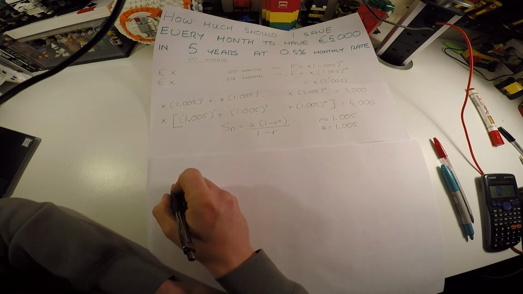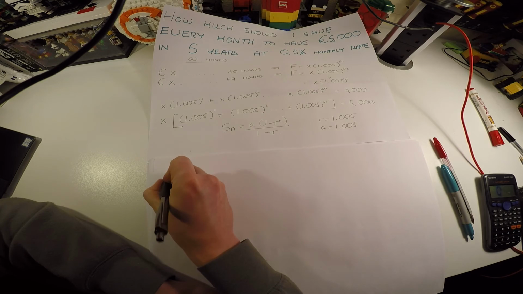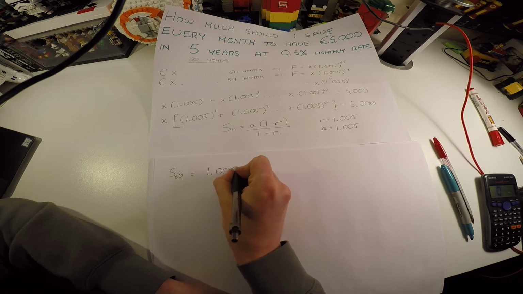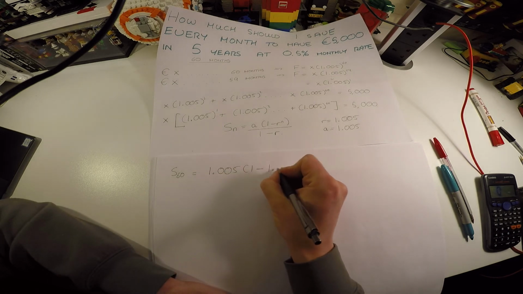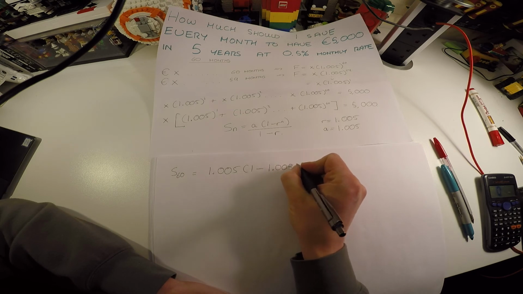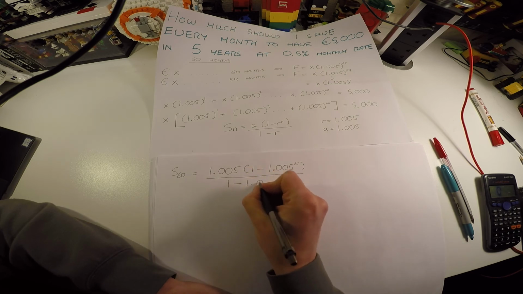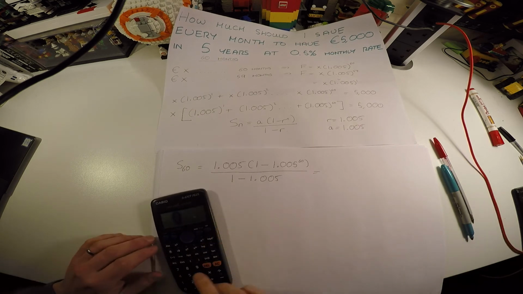So looking at that, we can fill out what we have. We have an S_n formula. How many terms are in that square bracket? 60. So we're looking for S of 60. A, the first term, is 1.005, times 1 minus the ratio, which is also 1.005, to the n, which is 60, all over 1 minus 1.005. What's that equal to? Well, we'll put that into our calculator.